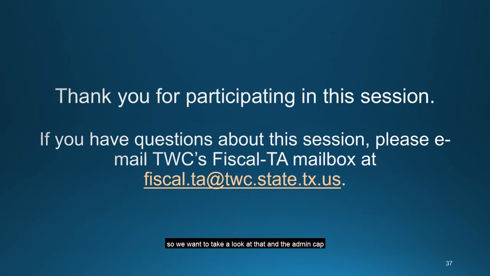And the admin cap should be specified in your grant award. If you're talking about the allocations that just happened on July 1, the grant managers would have those percentages for you if they're not already made clear to you. And I think that is all. I hope that answers everybody.